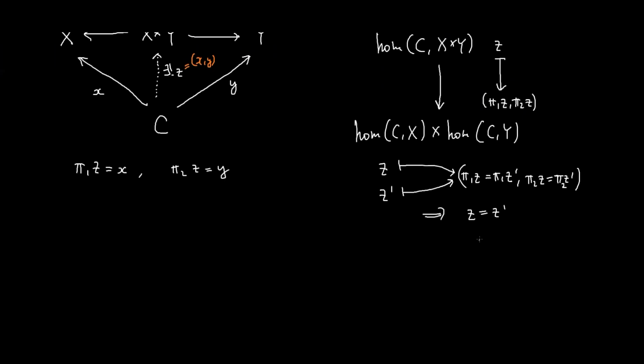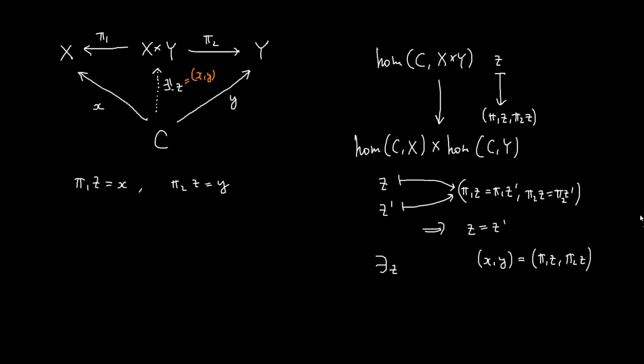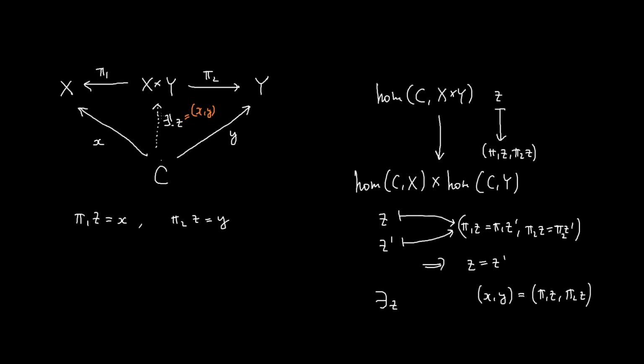So if I have an arbitrary pair (x, y) here, an element of this Cartesian product, I'm now requiring this to be a value of this function at some z. So there must exist a z such that this is equal to (pi1 z, pi2 z), right? And that's exactly the condition here, that such a z must exist. These are the same equalities that we would need to establish this equality of pairs component-wise, yeah?